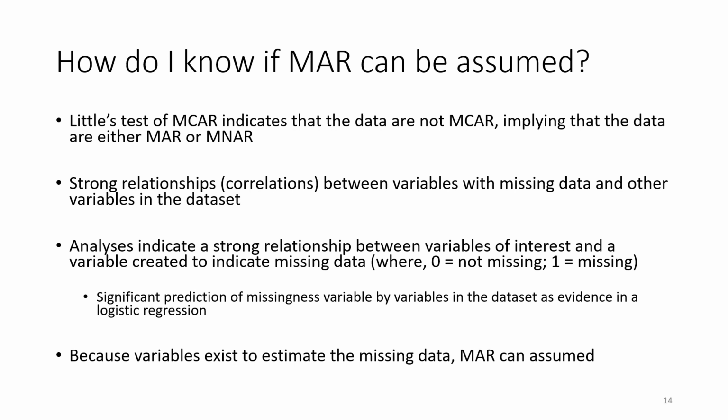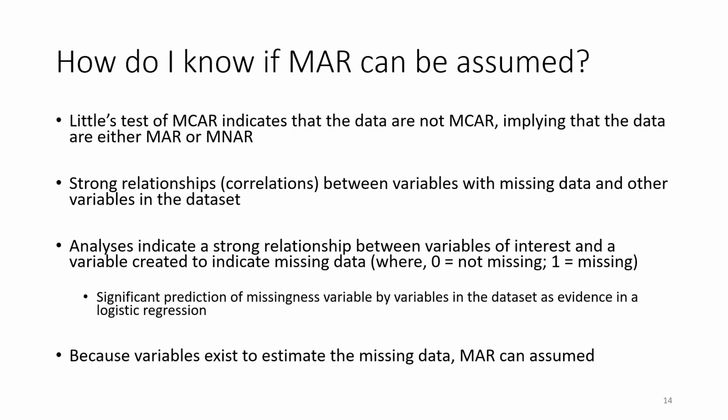So once we've looked at Little's test, then we would run some correlation matrices. And if we find relationships between the variables in the data set and the variables with missing data, that would indicate MAR. That would be support for the missing at random assumption.